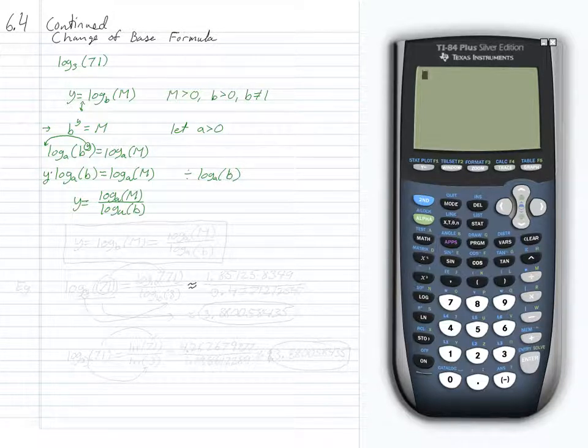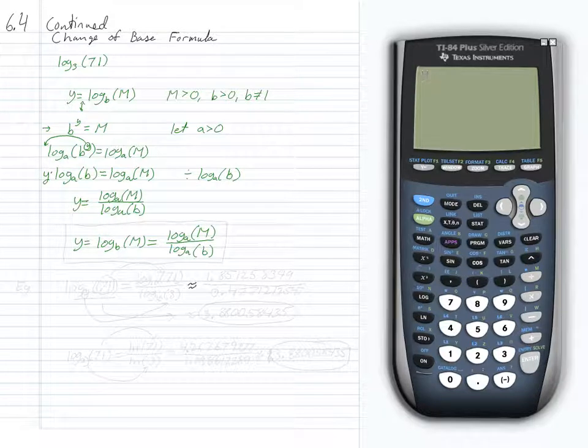So to restate our original assertion, y equals log base b of m, we can convert this into an expression involving logarithms of our choosing as log base a of the argument m over log base a of the original base b.